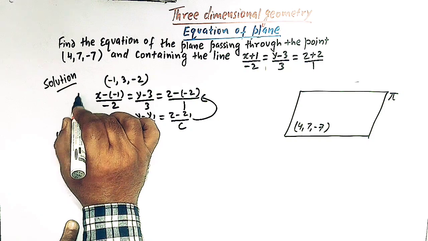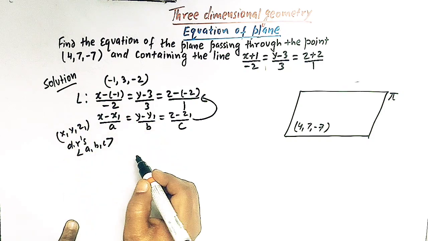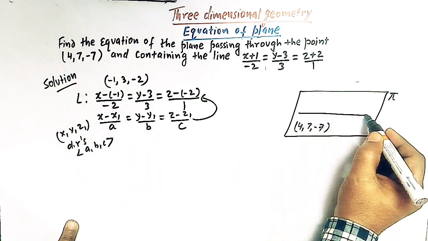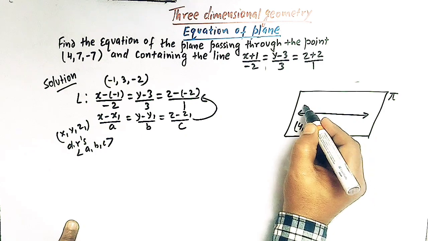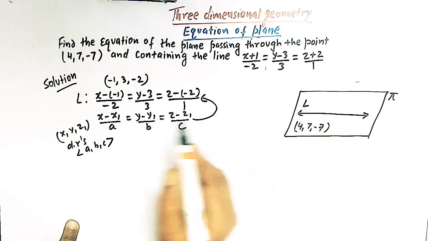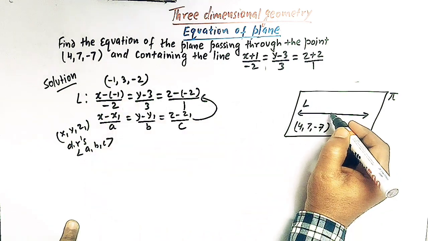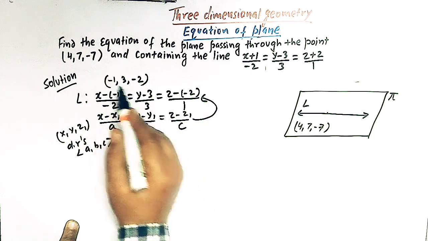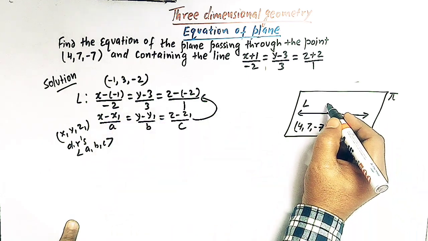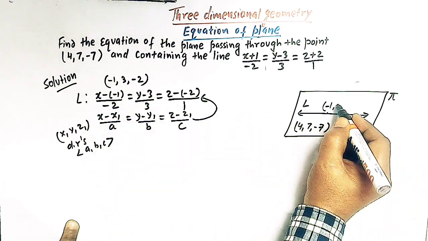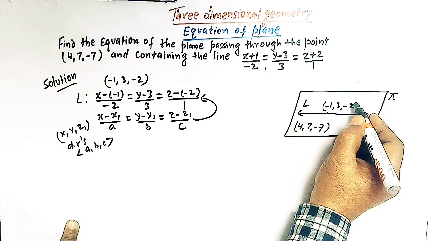So let us denote this line by the letter L. So here we have the line L, and since this line L passes through this point, this point also lies on this plane, that is minus 1, 3 and minus 2.